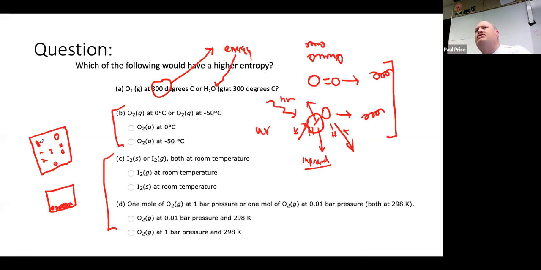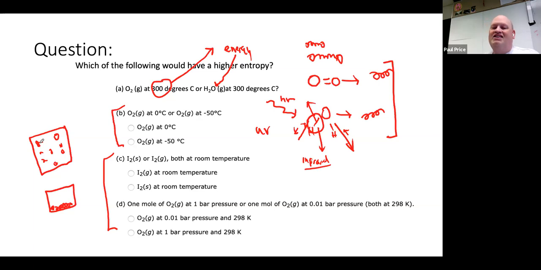So what we always see is that you're going to have a better ability to disperse energy in gases than you will in liquids, and liquids than you will in solids. So I2 gas at room temperature, because it can move throughout the container, can disperse both matter and energy more than I2 solid throughout the container. So I2 gas will have a higher entropy.